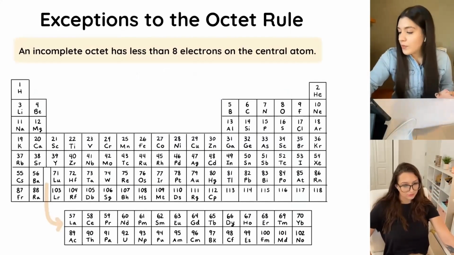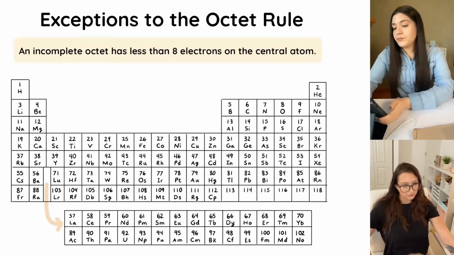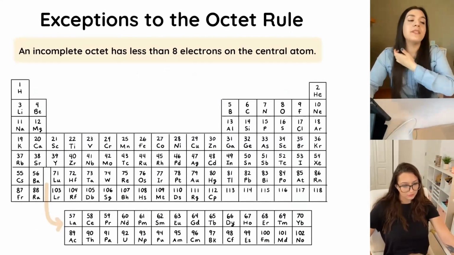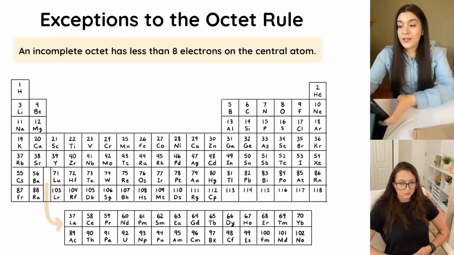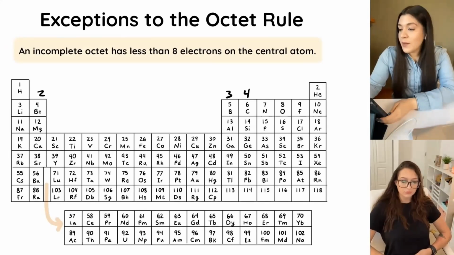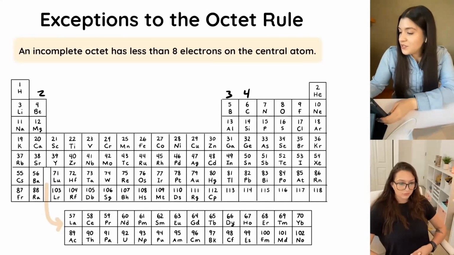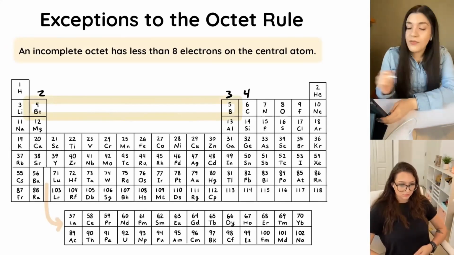The ones that will have an incomplete octet are basically the atoms that don't have 4 valence electrons to begin with. Remember, carbon has 4 valence electrons. These had 3, these had 2. So I'm literally just looking at the groups that do not have 4 valence electrons.